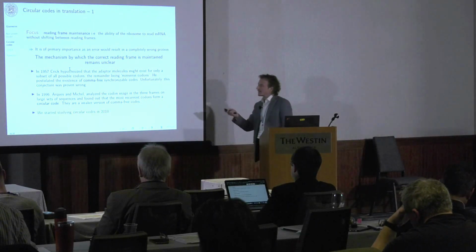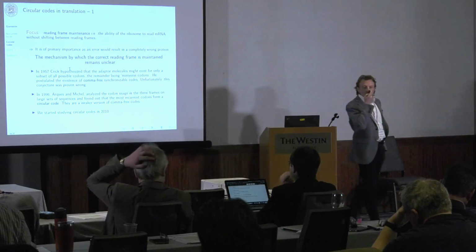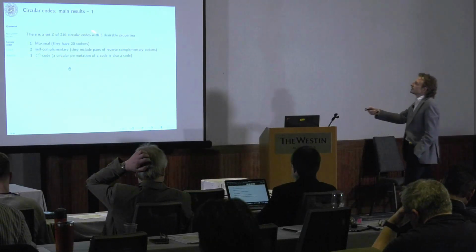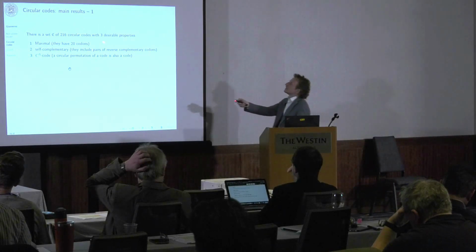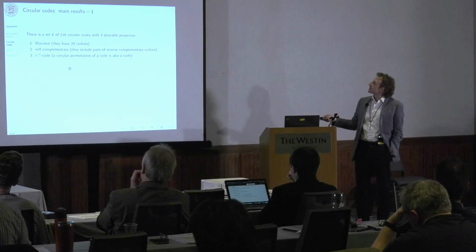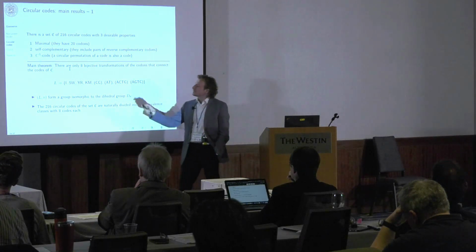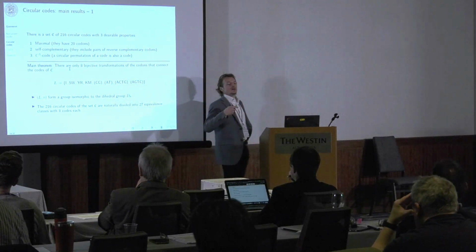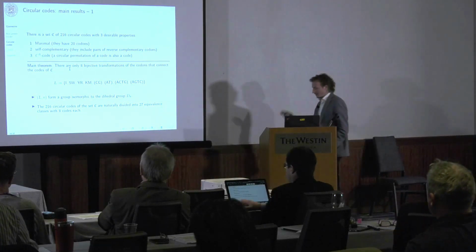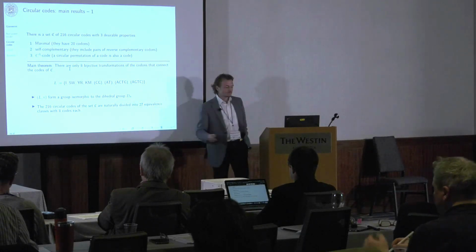We started working on that in 2010. First of all, we studied a particular set of codes with desirable mathematical properties, which I will skip. Let me just mention that we laid the theoretical foundation mathematically of circular codes using group theory.